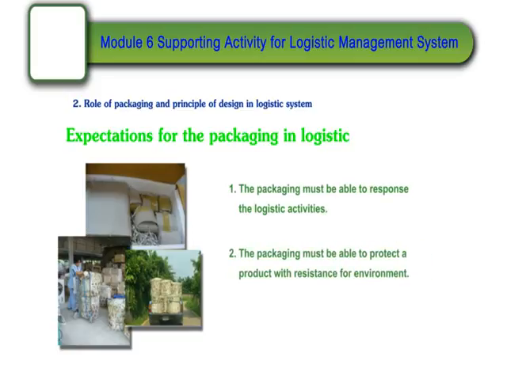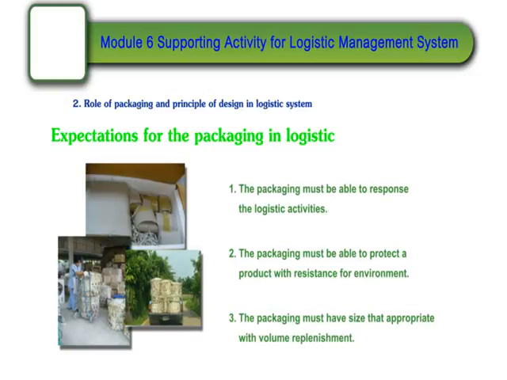Handling function. The goods should be combined by the packaging into units that simplify their processing during transshipment and delivery. The form and size of the packaging units must also facilitate the employment of technical aids such as forklifts or storage and retrieval systems. Information function.